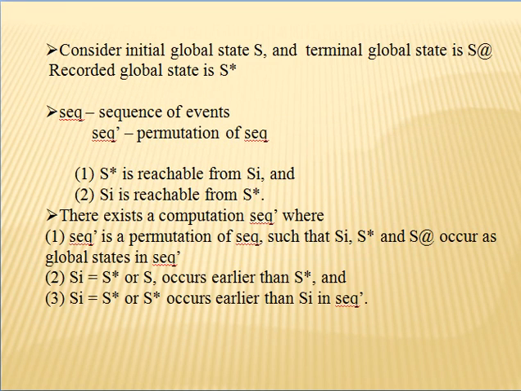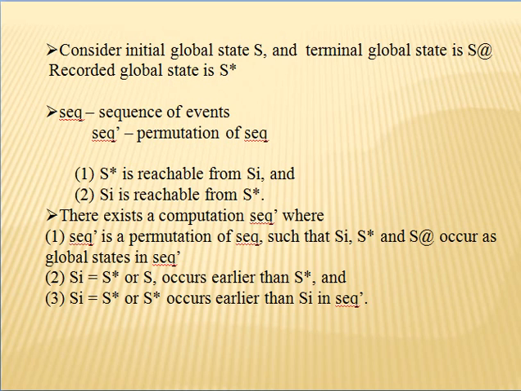For this, we can consider the sequence of events, as I already told about. Si can be taken as the global state of the system immediately before the event Ei.